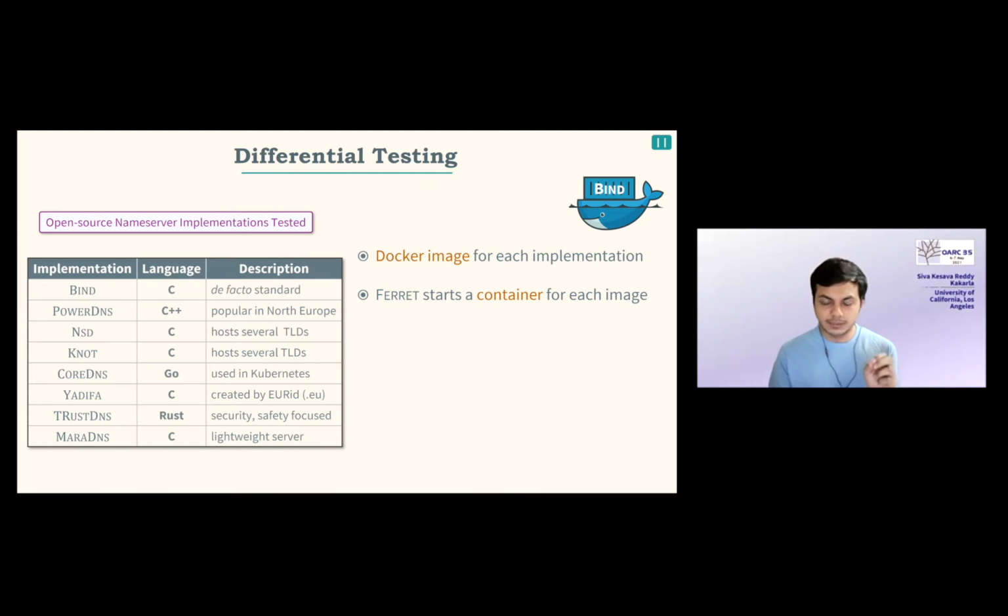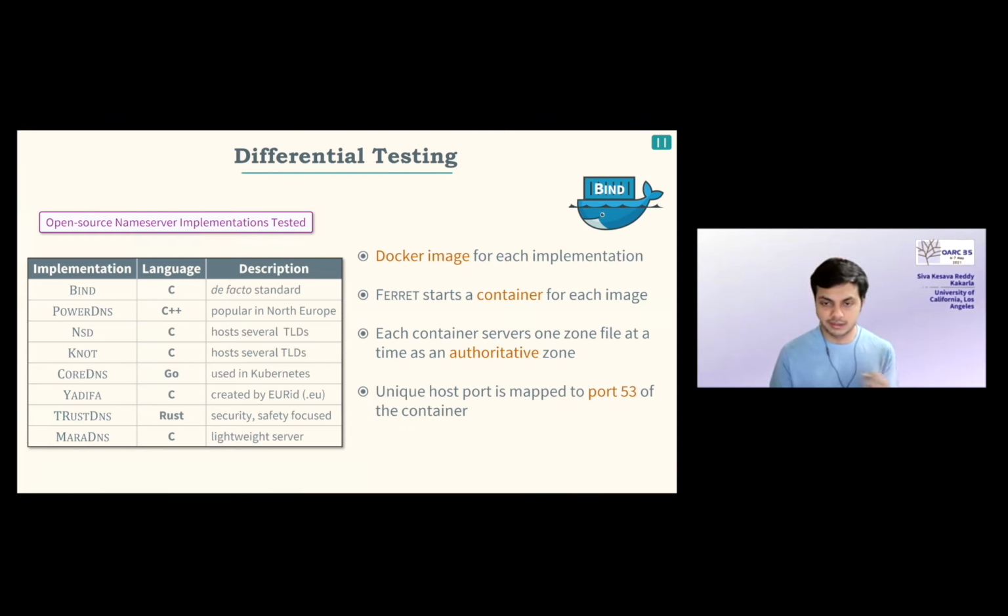The containers expose the DNS port 53 to the host system by mapping an unused host port and enable the host to send queries and receive responses from the DNS server running in that container. This way, each implementation is given a unique port that maps to the container's DNS port 53. Finally, Ferret uses the Python library DNS-Python to send queries and receive responses from the containers.